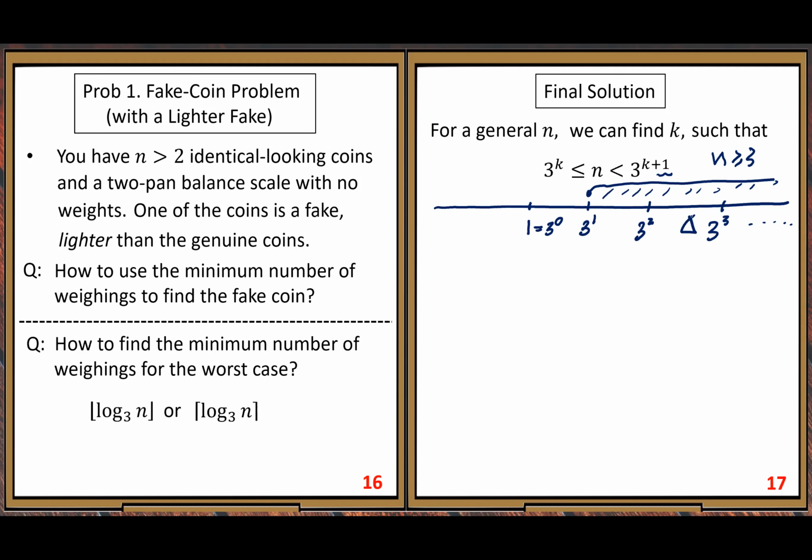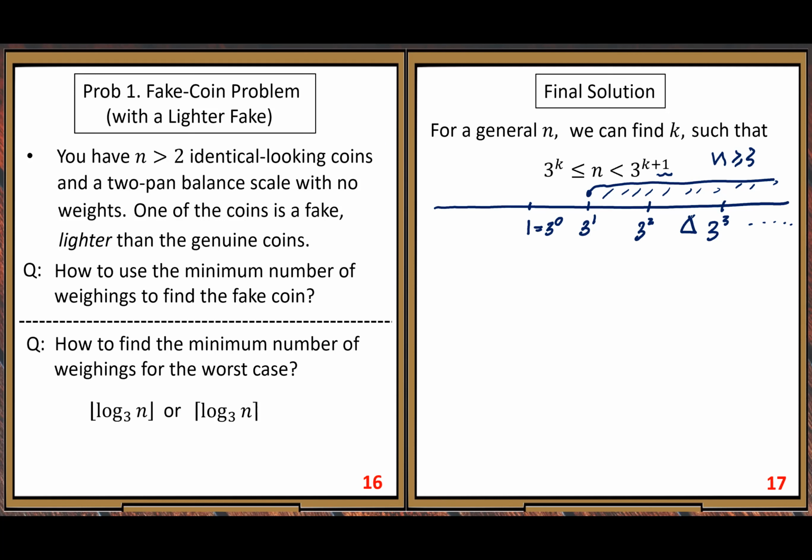It must be between two adjacent powers of 3, because we allow the equal sign. If I take that away, it may not work, because you could just take the power of 3 directly. Here, I allow the equal sign of the inequality, so you can always find two adjacent powers of 3 and the corresponding interval contains that n.